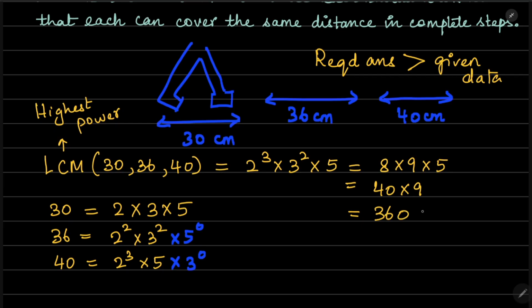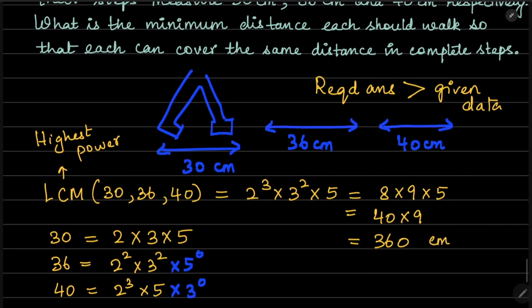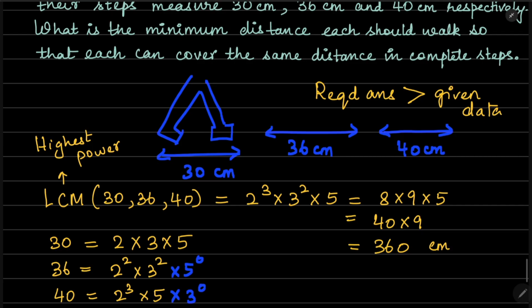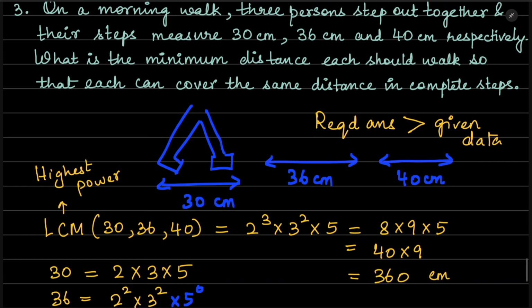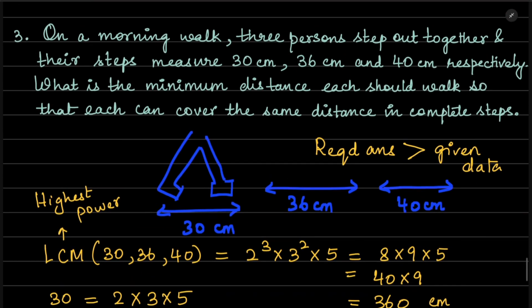So 360 centimeter is the minimum distance each one of them should walk so that they can cover this distance in complete steps. All 3 people will be taking complete steps and they'll be able to cover this minimum distance.